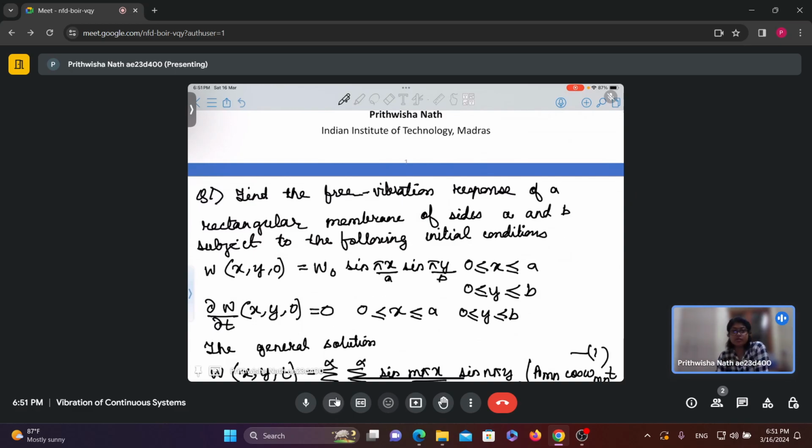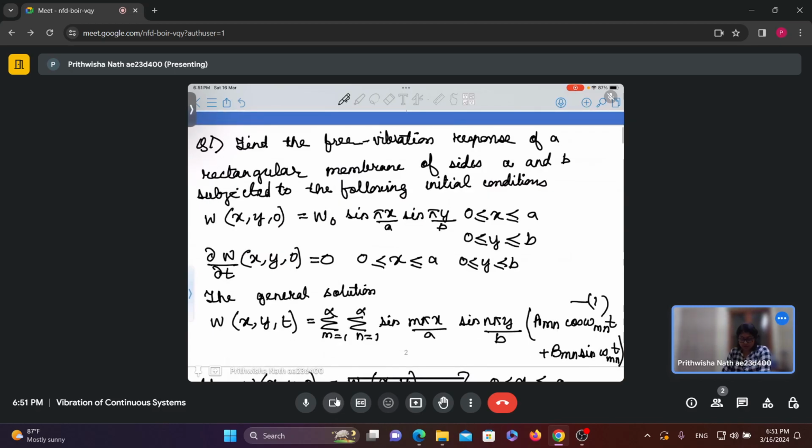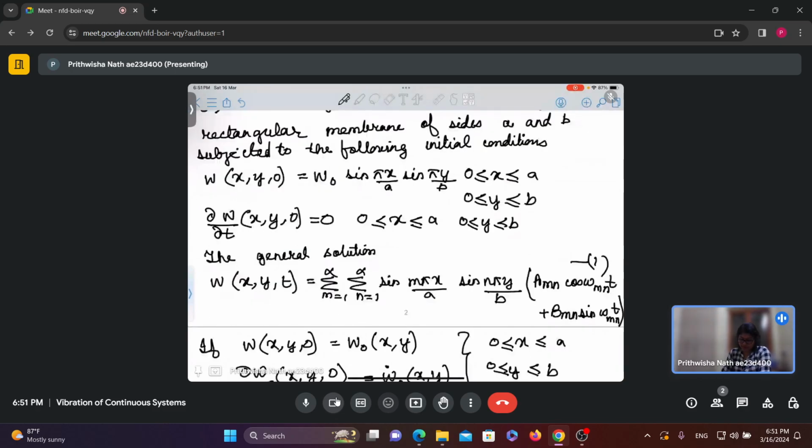For the first question, what did we find out? We had to find out the free vibration response of a rectangular membrane subjected to the following conditions. Now we wrote down the general solution for a rectangular membrane.